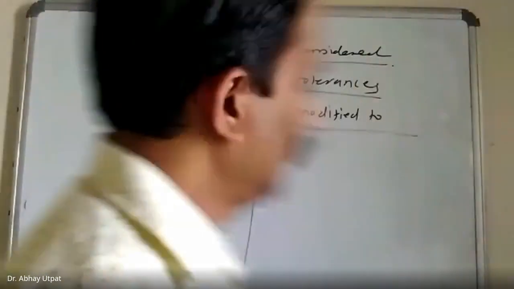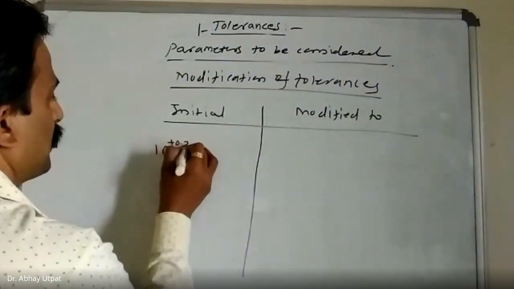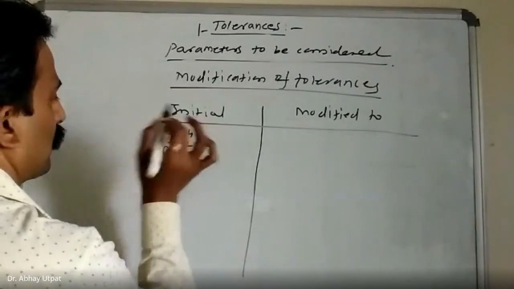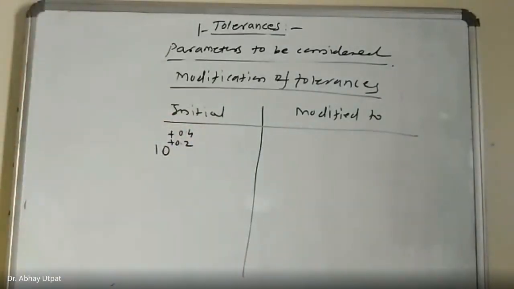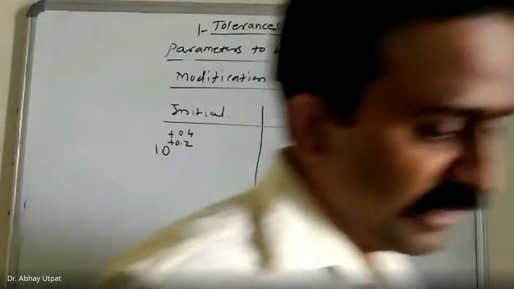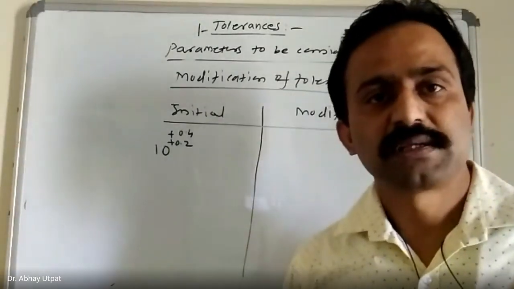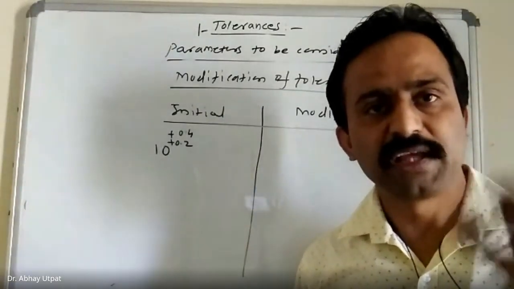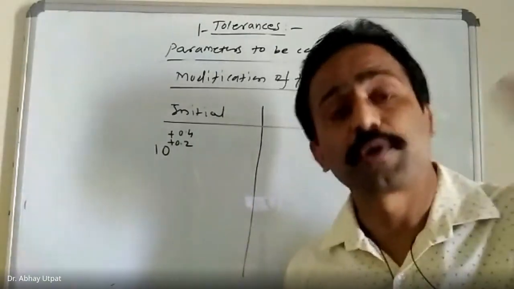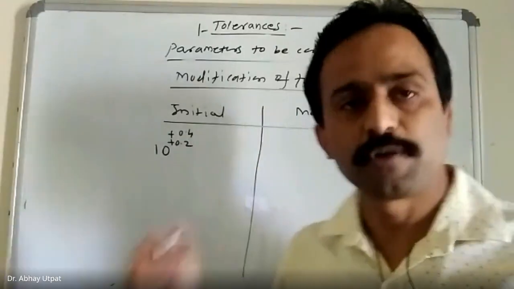10 plus 0.2 plus 0.4. So there is one component whose dimensions I require as 10 plus 0.2 plus 0.4. Means my size varies from 10.2 to 10.4. Okay, if anybody manufactures 10.25, okay.